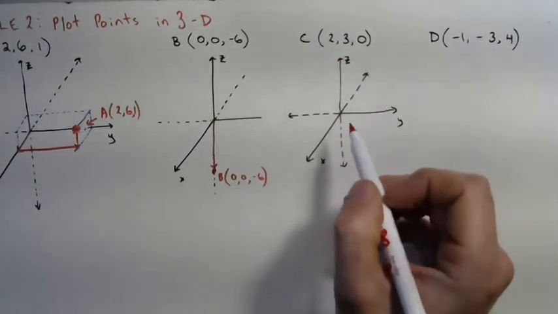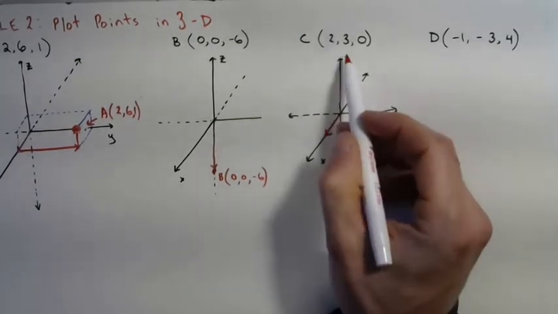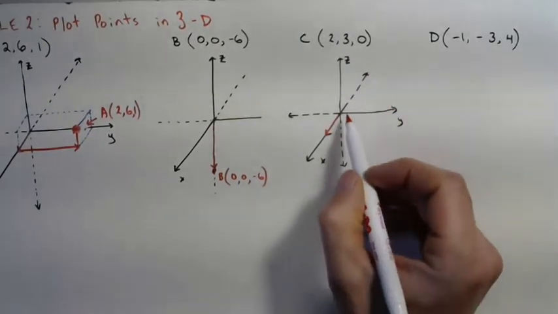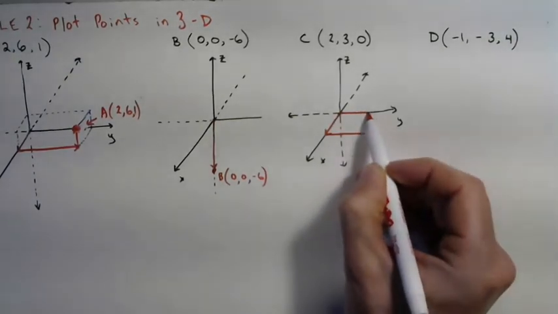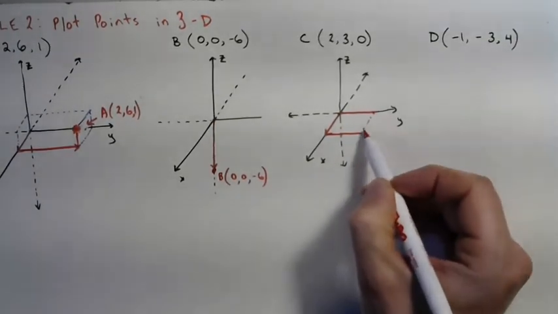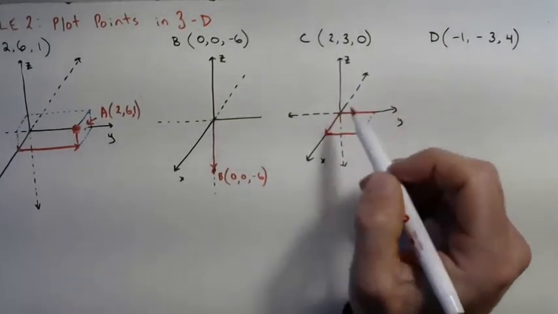Okay, positive 2 in the X. 1, 2. Line segment. Done. Positive 3 in the Y. 1, 2, 3. There it is. And 0 in the Z direction.